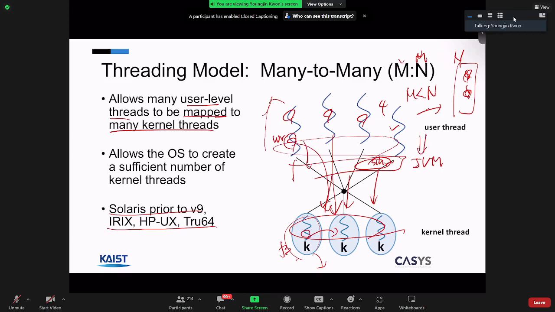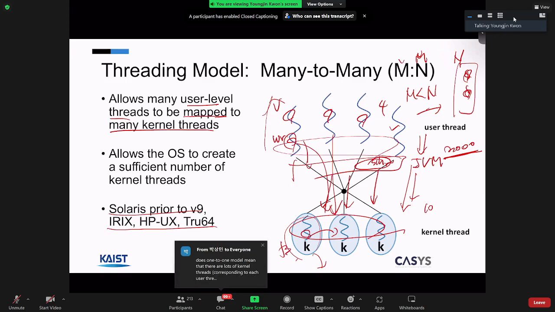For example, some applications create like 2,000 threads, but making everything into a kernel thread is expensive. So I say that concurrently, I only support like 10. Then you can make 10 kernel threads, and the rest of the thread creation happens at the user level. So many-to-many is kind of a middle ground between kernel thread implementation and user level.